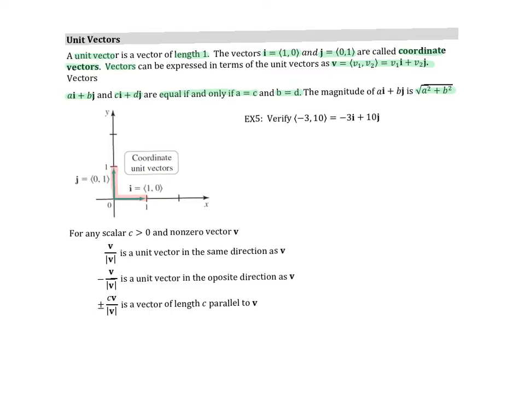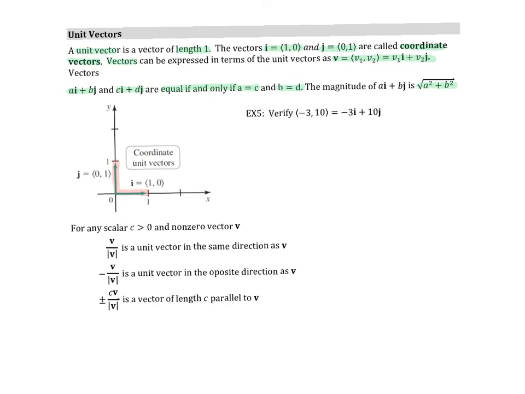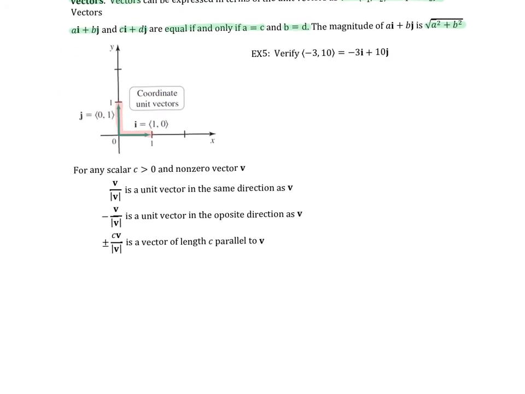We're going to verify that we can write a vector in terms of the unit vectors i and j in example 5. So I'm going to start out with the vector negative 3, 10. And I'm going to use vector addition to break this vector up into -3, 0, plus the vector 0, 10. And then in the first vector, I'm going to bring out the -3 scalar and multiply that by the vector 1, 0.